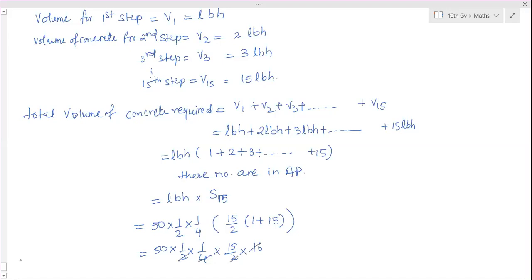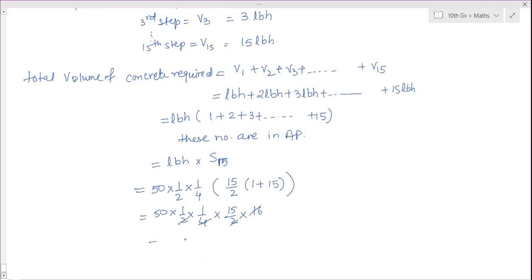Yes, it is 750 meter cube, the total volume of concrete required to make that staircase terrace. Is that clear? Yes, ma'am.